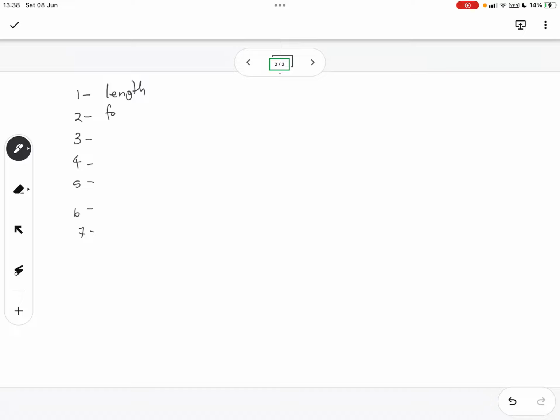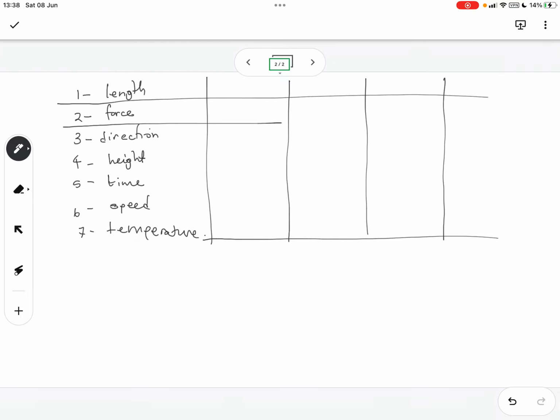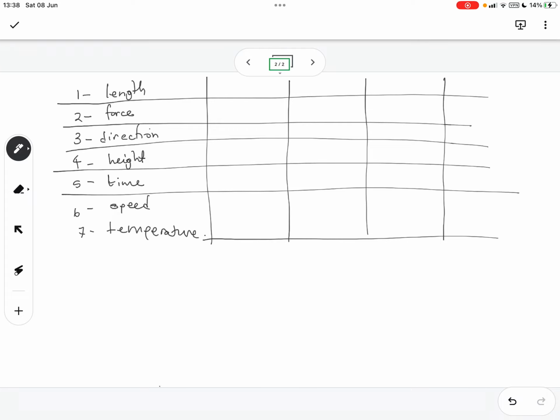So we can quickly do this exercise just to see if we are catching on. So we've got length, we've got force, we've got direction, we've got height, we've got time, we've got speed, and we've got temperature. So we're going to tick boxes.